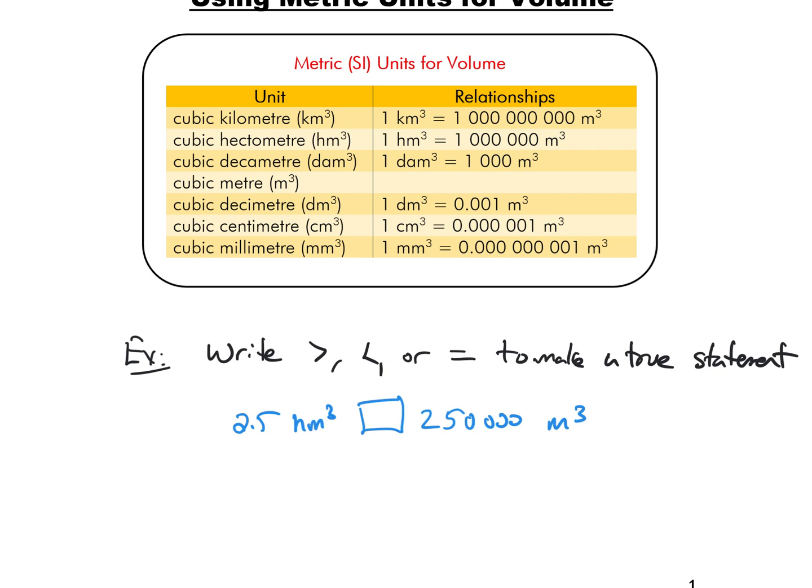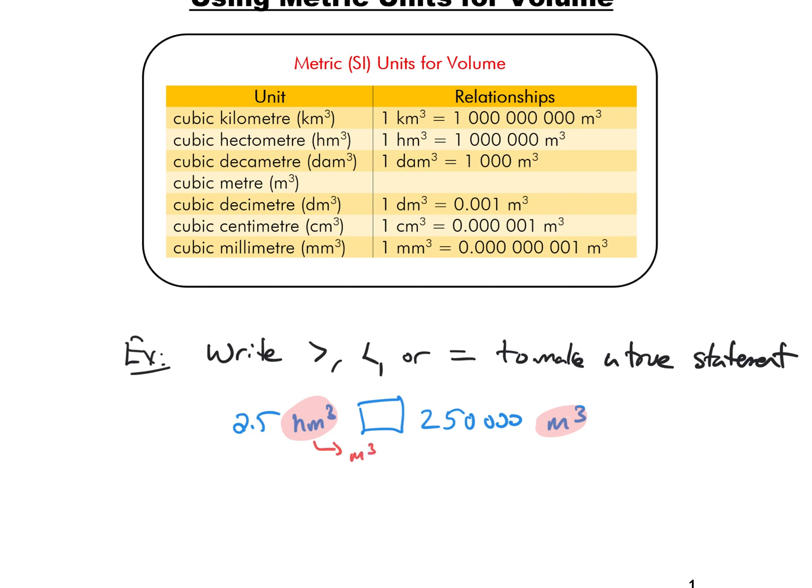In order for us to figure this out, we have to see that in this question we have cubic hectometers and cubic meters, and it's always easiest to compare two quantities if they are measured in the same units. So the easiest way is to turn those hectometers into cubic meters.